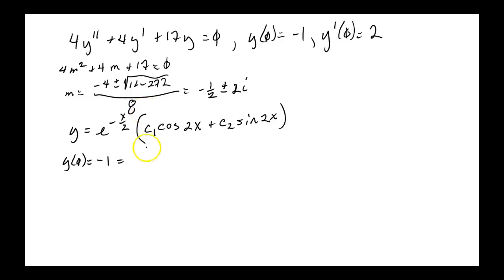That's not going to give us much, times c1, and cosine of 0 is 1, but sine of 0 is 0, so that means c1 is negative 1.